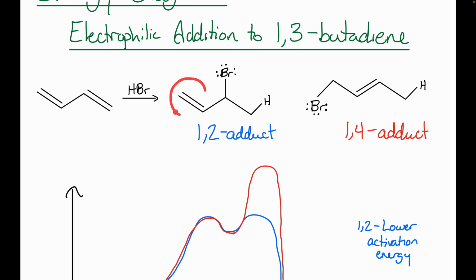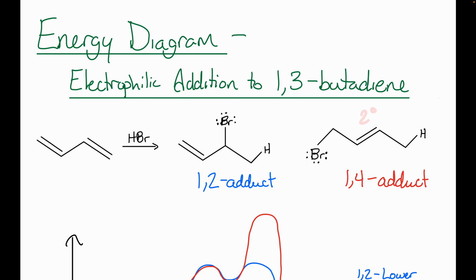Yeah, and what do we call this? We call that degree of substitution. What's the degree of substitution of this alkene here? Just monosubstituted. And what's the degree of substitution of this alkene? This is disubstituted. So our 1,4 product is more stable because it has the more substituted double bond.